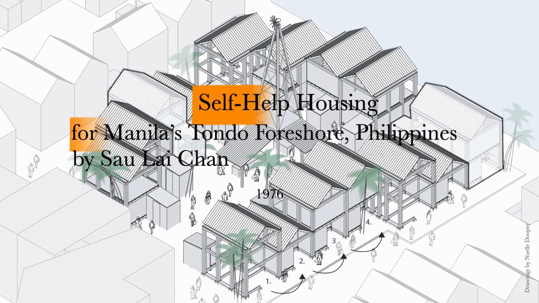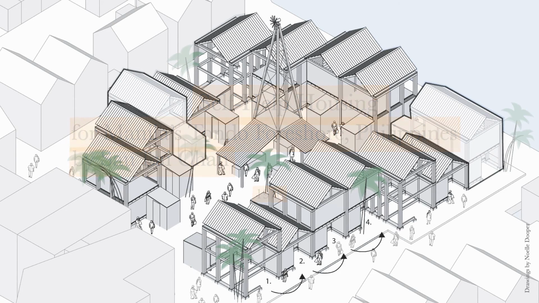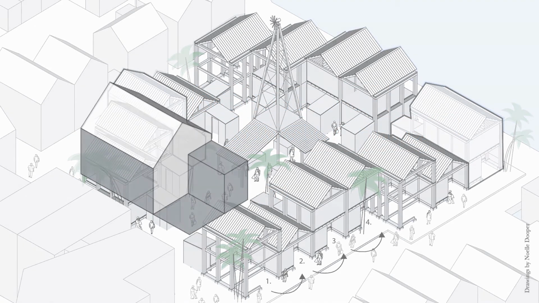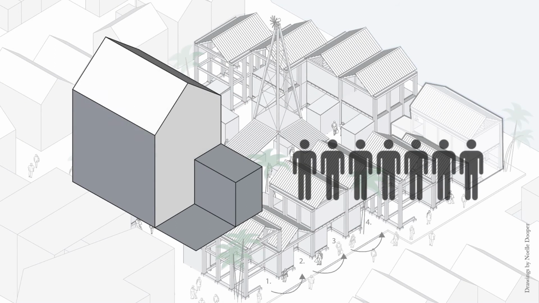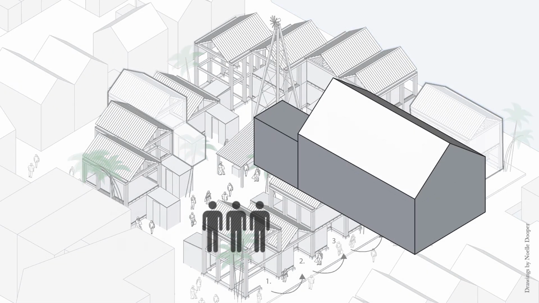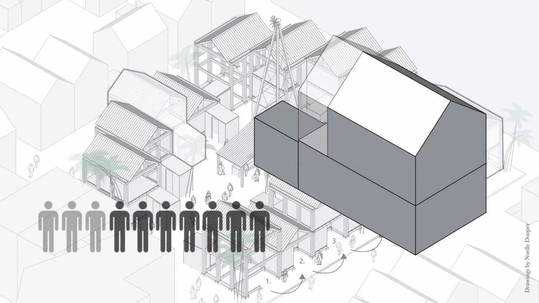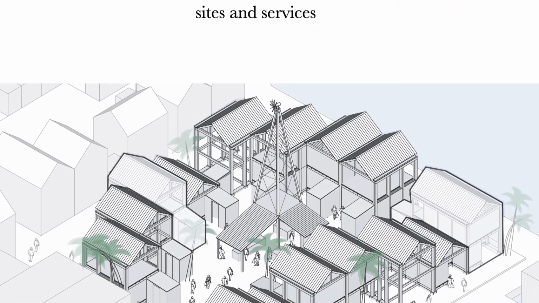This approach would become extremely popular after the Second World War as a strategy to provide housing for the poor in the developing world. The basic idea was that each family should complete the construction of its own home at its own pace as determined by their skills and resources.